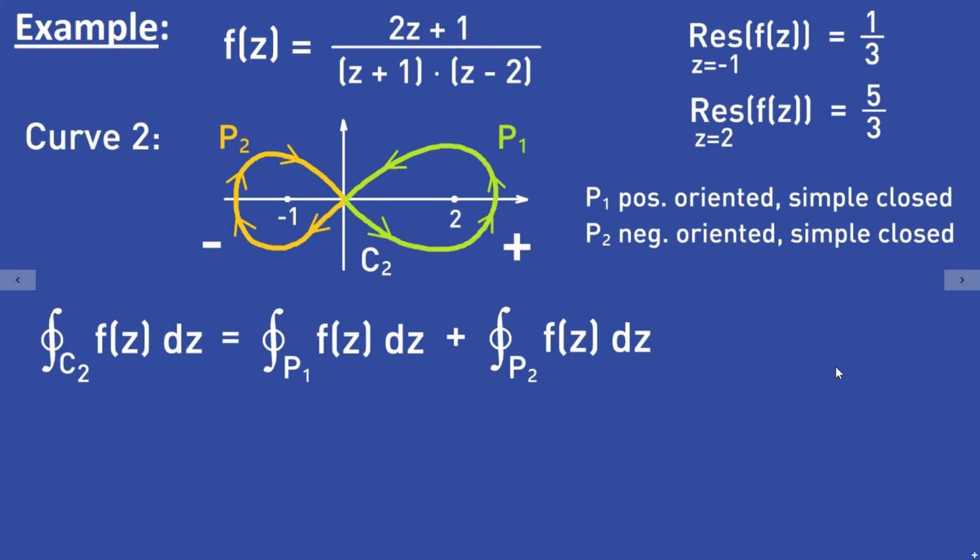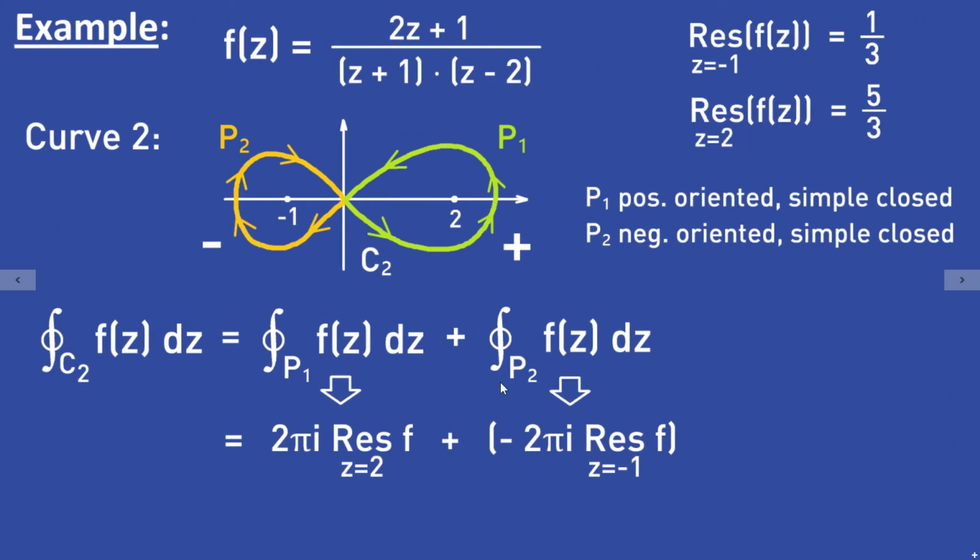So the integral along P1 is equal to 2 pi i times the residue of f at z equals 2. And the integral along P2 is equal to minus 2 pi i times the residue of f at z equals -1.